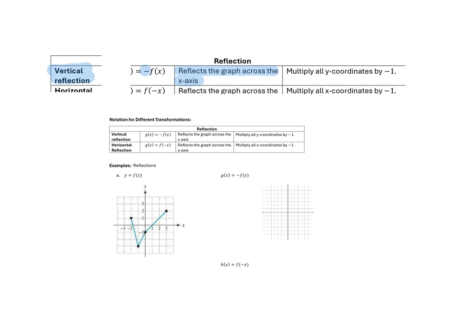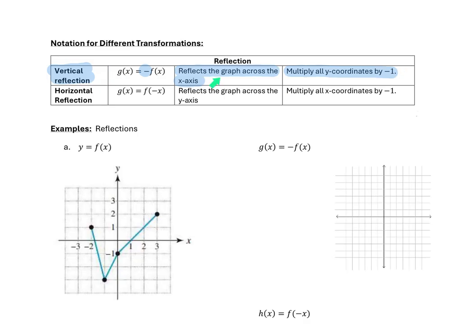We want to multiply all of our y-coordinates by -1. When we see these in the homework, quite often you won't see vertical reflection. You will see reflect across the x-axis. And so we're going to talk about, okay, well, how are we going to keep that straight?